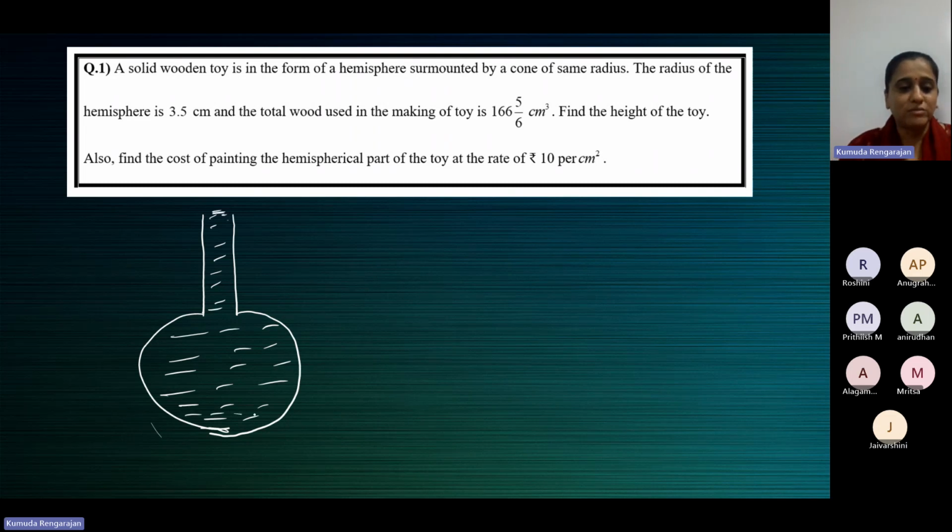If it's filled with acid, probably only this much. Some very safe solution, so it's filled till here. So this round bottomed flask is a combination of a sphere and a cylinder. Spherical bottom with a conical, I'm so sorry, cylindrical neck. Cylindrical neck. We can see it here. Right?